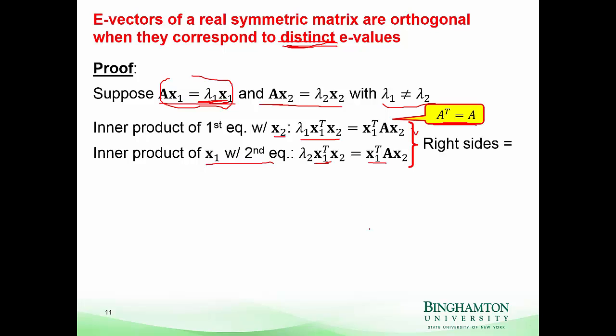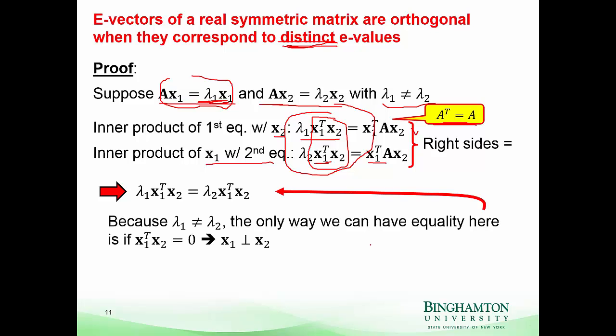And now the right sides are equal, so the left sides must be equal. But notice that these two things are the same, and so those two things are equal to each other. But we know that lambda 1 cannot be equal to lambda 2. We assumed that up at the top.